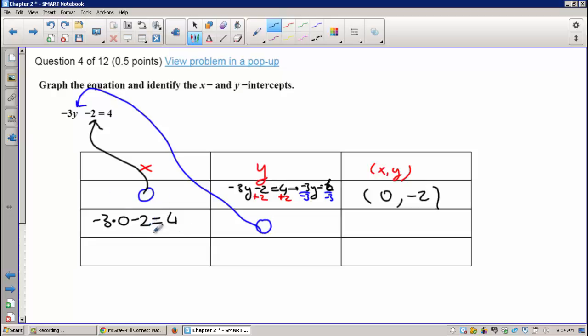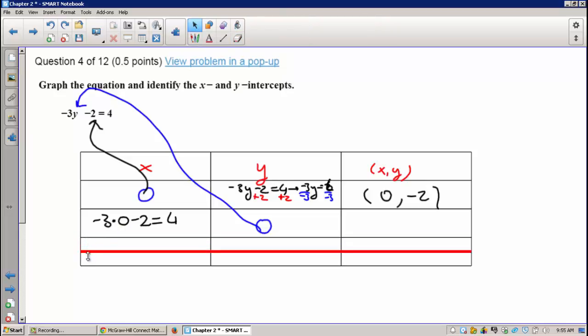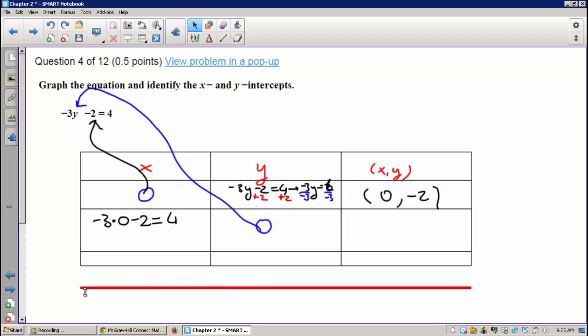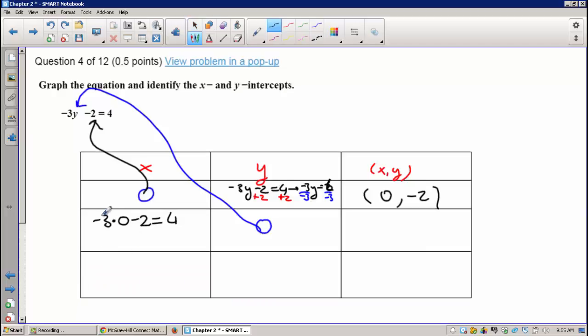We expect to solve for x, and it just doesn't exist. It doesn't show up in the equation. Then what do we do? Just keep going. Let's see what happens. Minus 3 times 0. What is minus 3 times 0? Isn't it 0? And 0 minus 2 is minus 2. And you just got minus 2 equals 4.